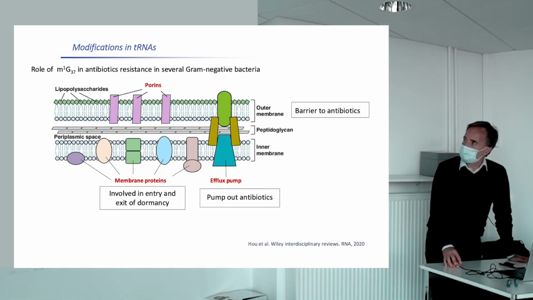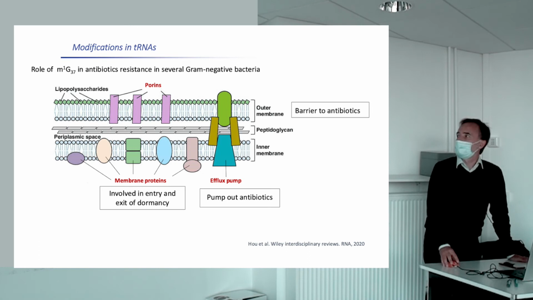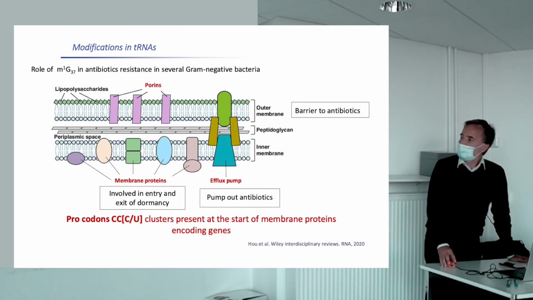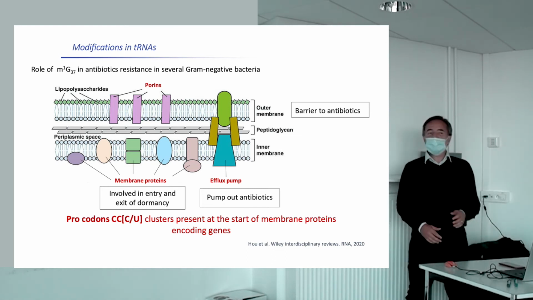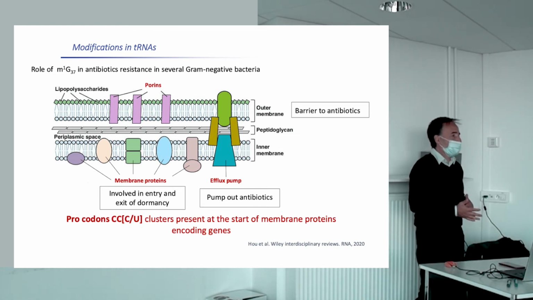So here is a scheme for a wall of gram-negative bacteria with the two membranes, the outer membrane and the inner membrane, and these proteins that are crossing the two membranes, the efflux pump. Okay, and there are other membrane proteins represented here. What is interesting is that these membrane proteins contain a lot of proline residues.